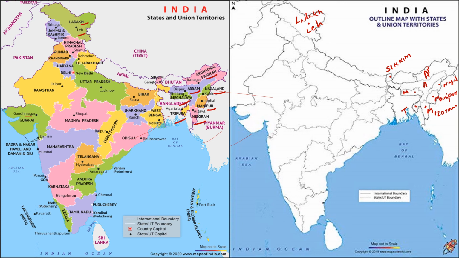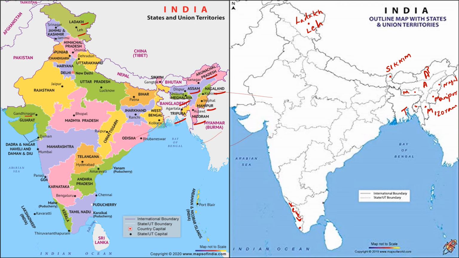You all know, right? Kerala is in this place. Kerala comes here, and the capital of Kerala is what? Thiruvananthapuram. It is in the extreme southern tip of India. You can see the extreme southern tip here, right? Here Thiruvananthapuram comes. It is the capital of Kerala. For capitals alone, you need to have a point. Clear?